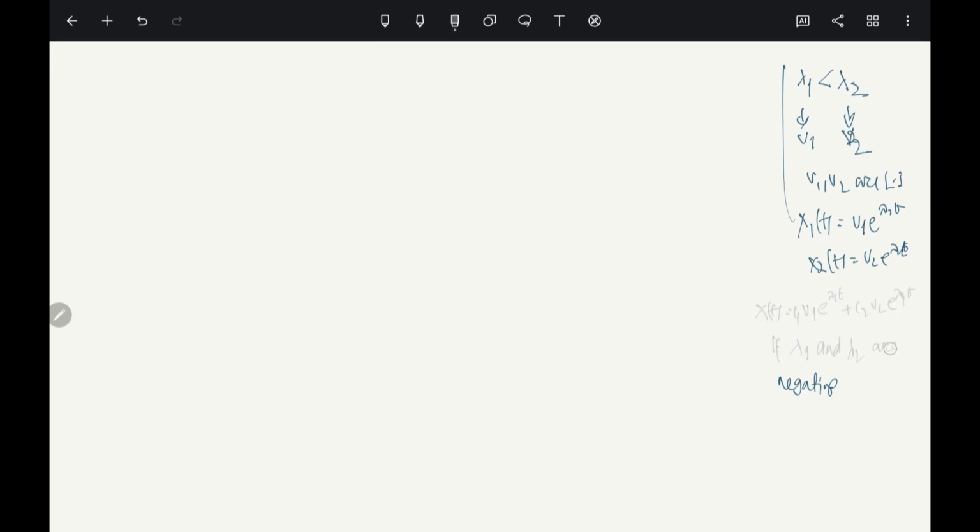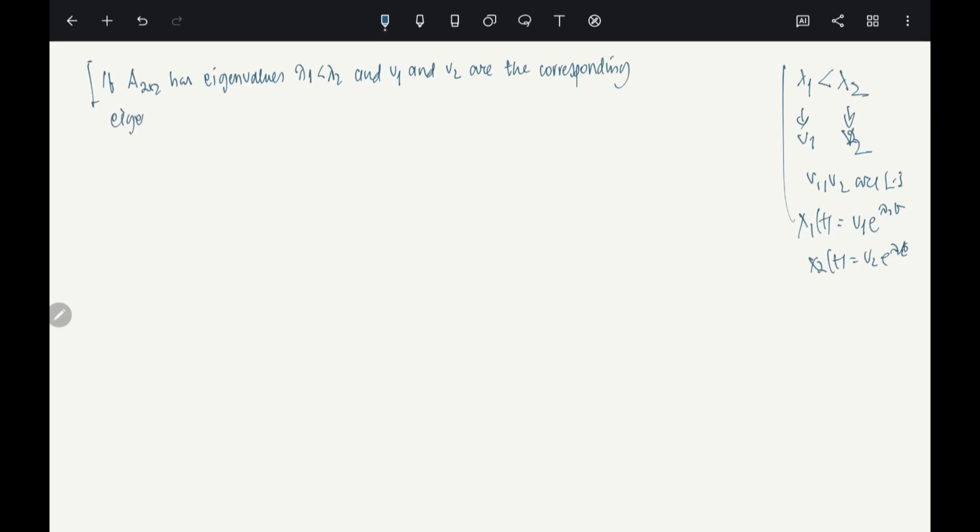If A, a 2 cross 2 matrix, has eigenvalues lambda 1, lambda 2, and v1 and v2 are the corresponding eigenvectors, then the general solution x of t looks like c1 times e power lambda 1 t v1 plus c2 times e power lambda 2 t v2.